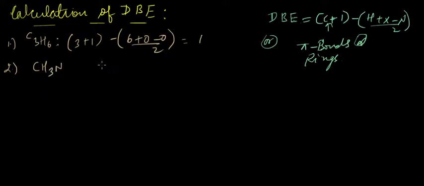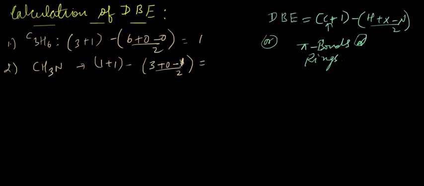Okay, CH3N, I think DBE would be C is 1, plus 1 minus H plus X minus N, N is 1 here. Am I missing something?